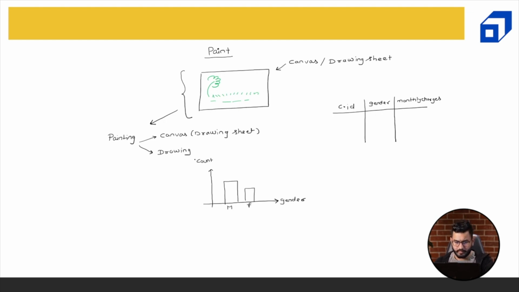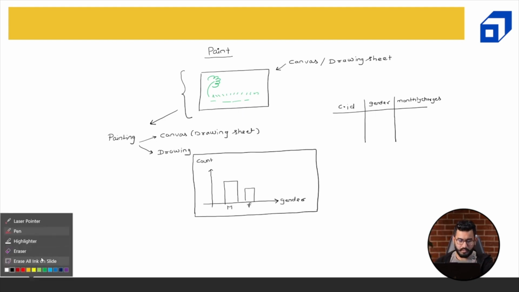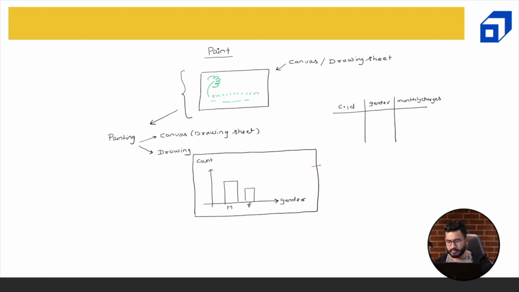Now in order to plot this in Python, we need a figure. So over the Jupyter notebook, this plot is created over a virtual space which we call a figure. So this is known as a figure.